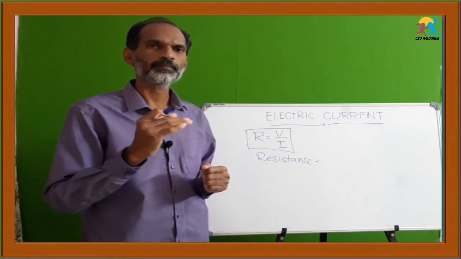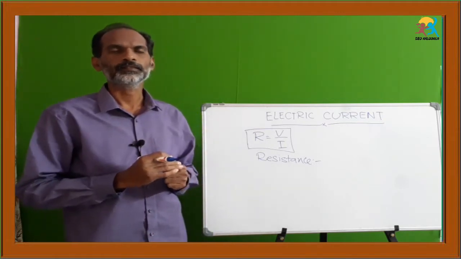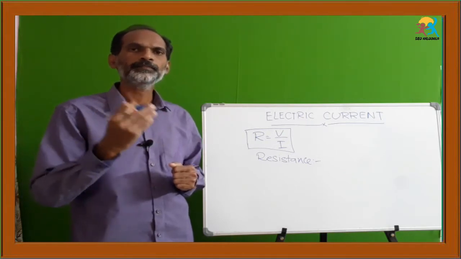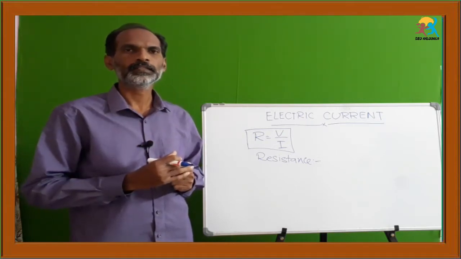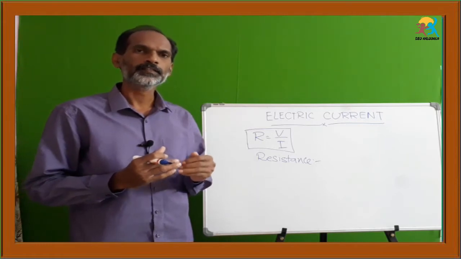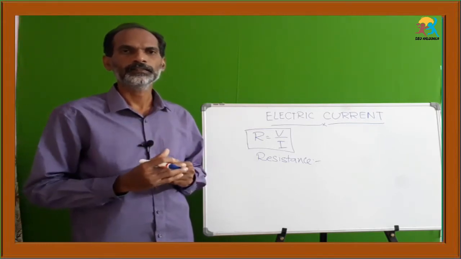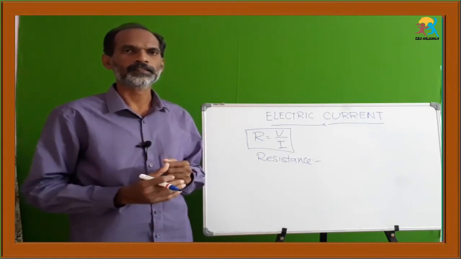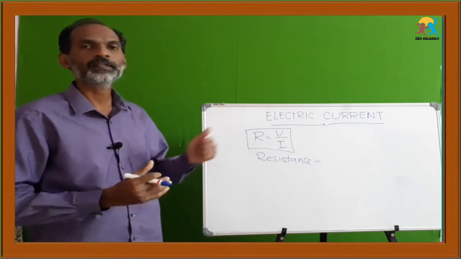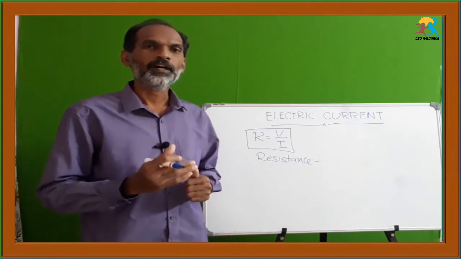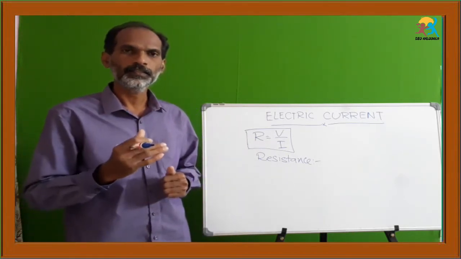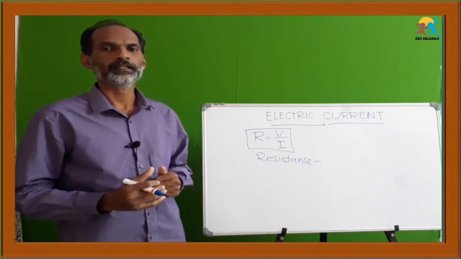The lattice can attract the electrons, so it provides some obstruction to them. This obstruction is called the resistance of that given substance. So resistance can be defined as the obstruction offered to the flow of electrons.